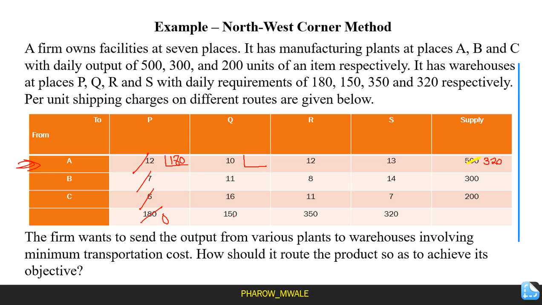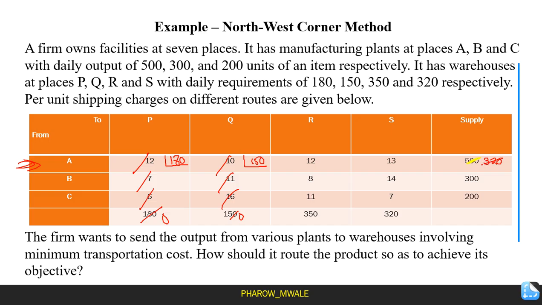We compare between this and that. We discover that 150 is the smaller one. So we're going to allocate 150 to this cell here, and then since we have allocated 150, we remain with 0 here. Then we cancel out this cell, and we cancel out this 320 also.